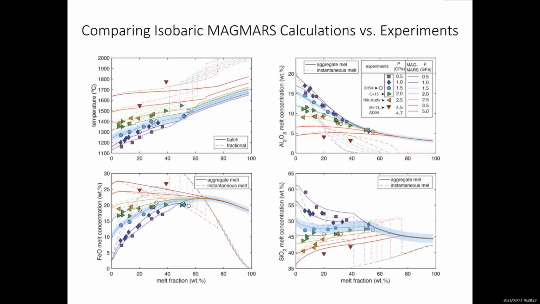Then this figure is basically showing the results of different experiments. So that's the modeling. Just now we talked about MAGMARS modeling, and then they look at experimental ones. They really created some experimental data. What they are trying to say is that the aggregated melt, which is the near fractional polybaric ones, is the best.